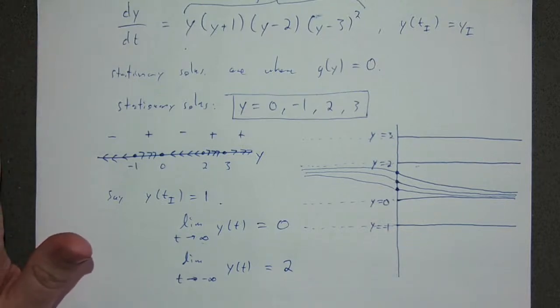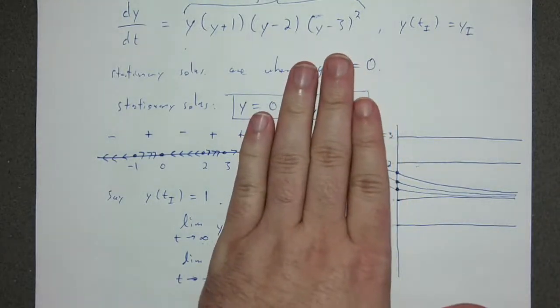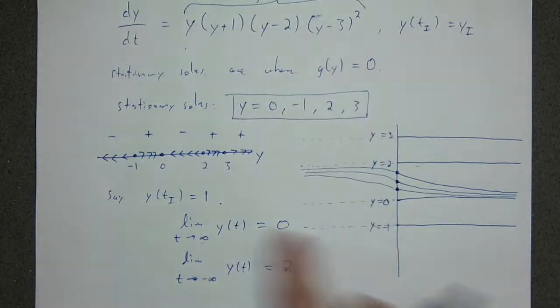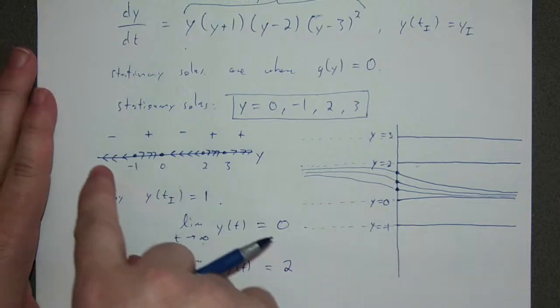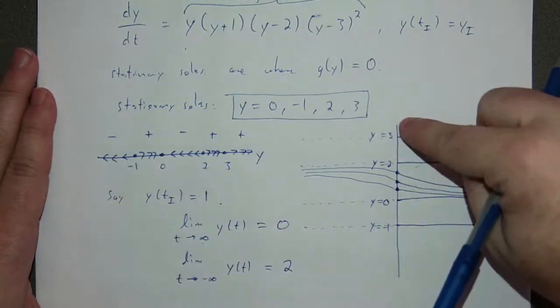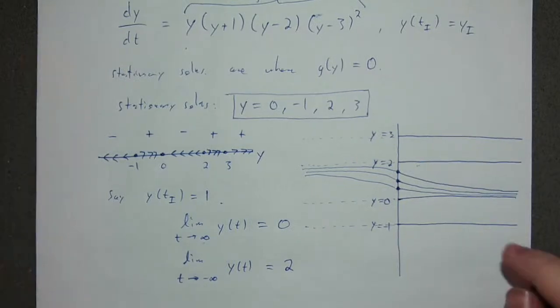Okay. Typically, when you're asked to sketch some potential solutions, you're not asked for this full thing. You're really just asked for like half of it. But this is just showing you how you can move back and forth between these things. So this horizontal axis is this vertical axis here.